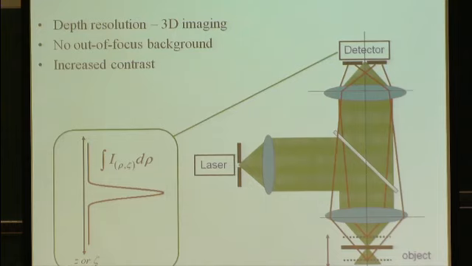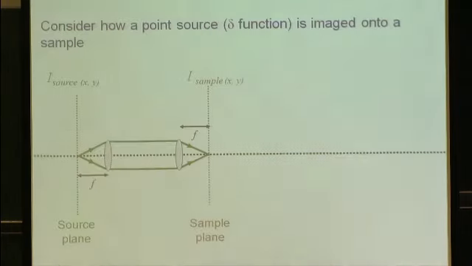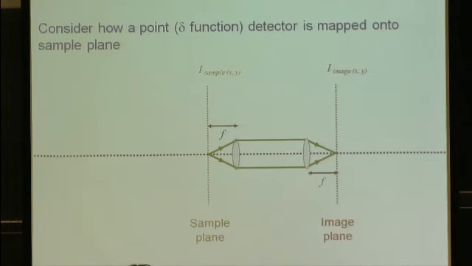The idea is that it gives us 3D imaging, no out of focus background, and increased contrast. It's quite easy to see why you get a better resolution, because the laser is simply being refocused to a spot, and then you're imaging that spot directly.